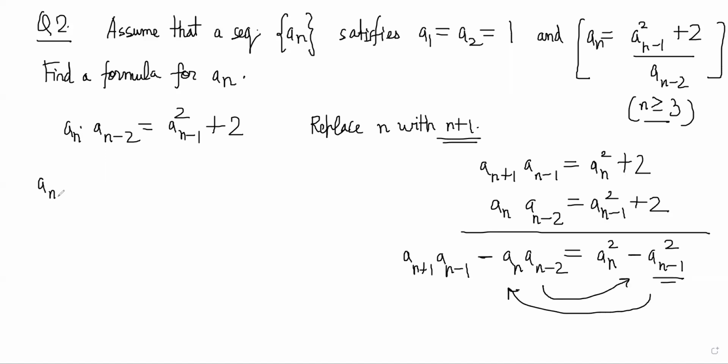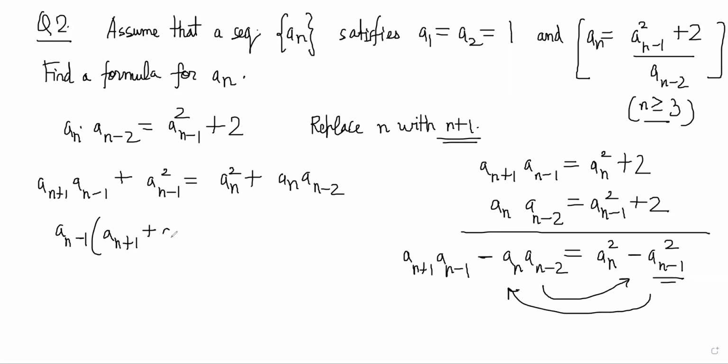So we'll end up with a_{n+1} a_{n-1} + a_{n-1}^2 = a_n^2 + a_n a_{n-2}. Taking a_{n-1} common, we get a_{n+1} + a_{n-1}. And here we can take a_n common.